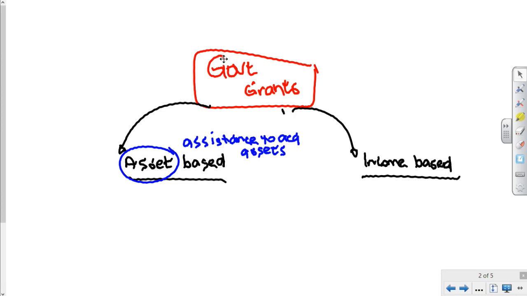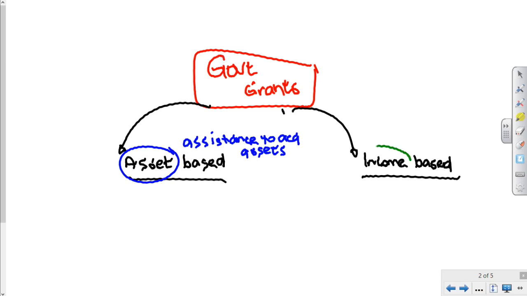So we have in this country at least two big hospital groups. They would be encouraged by government to set up hospitals and clinics which are private, perhaps in certain rural areas, and they would be given a grant to assist them or help them to do that, right? So asset-based grants is assistance to acquire assets.